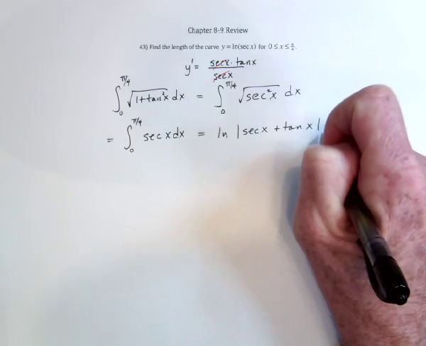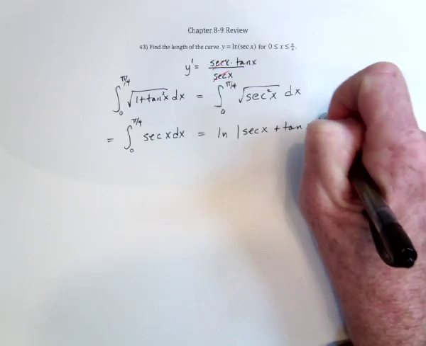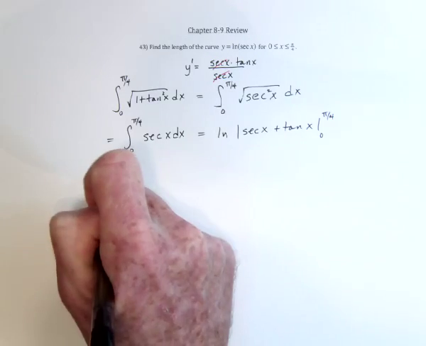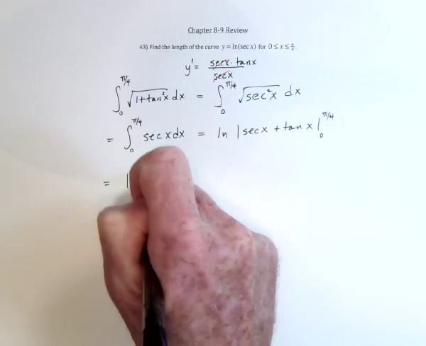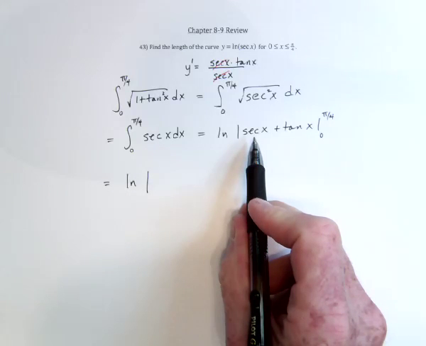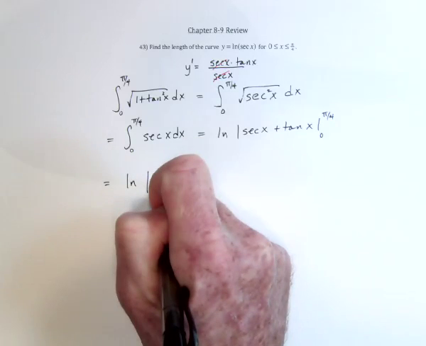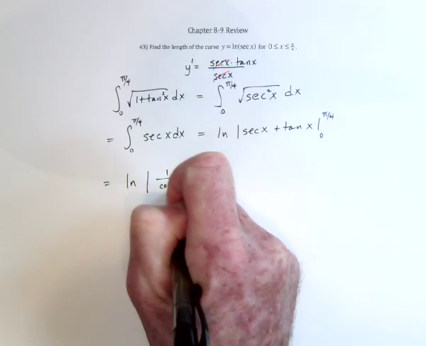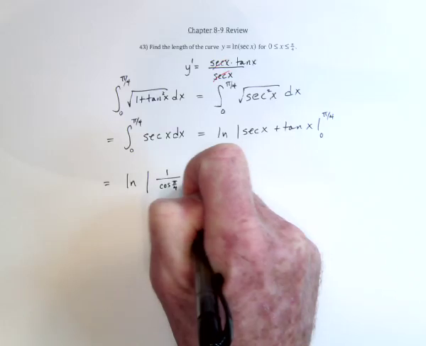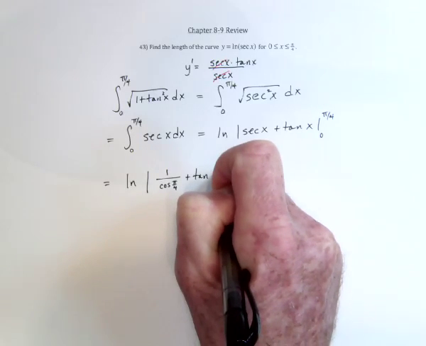Okay, now we need to evaluate from 0 to pi over 4. So we'll have natural log. My calculator doesn't have secant, so I'm going to have to change this to 1 over cosine, plus tangent pi over 4.